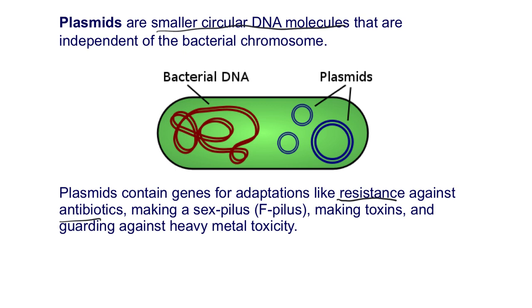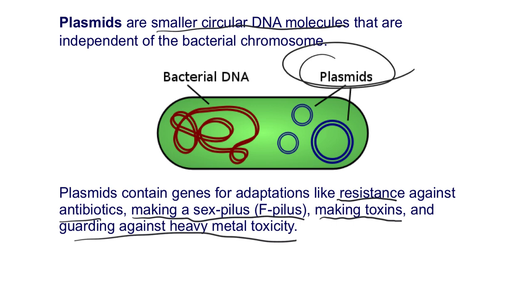It can be that plasmid can give it the ability to form sex pili. It can give it the ability to protect itself by making proteins that are toxic. Also, it can give them genes to protect them from poisons like heavy metals in the environment. But they're accessory DNA circles called plasmids.